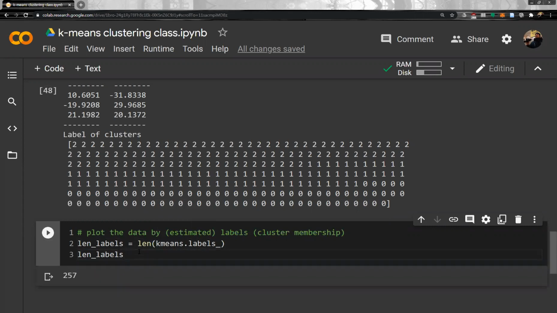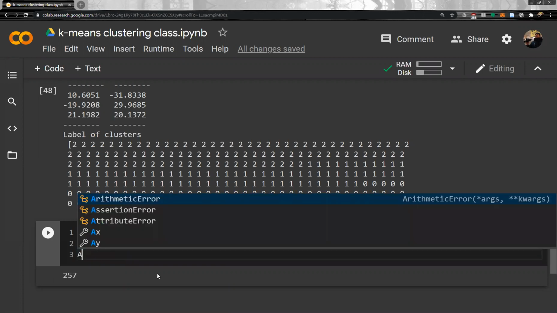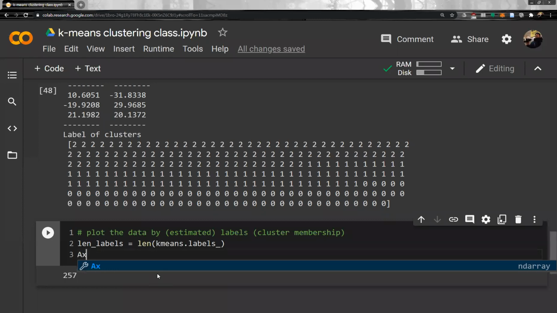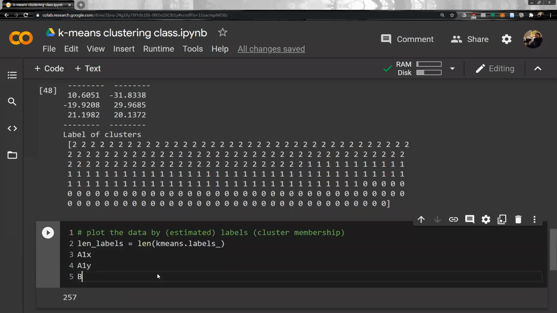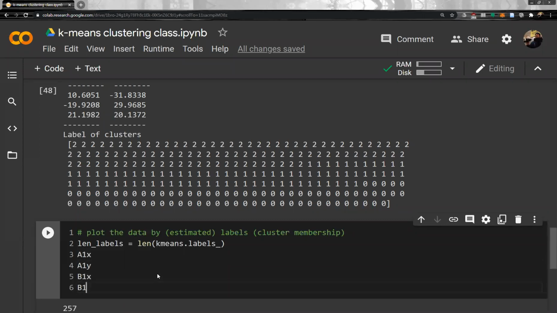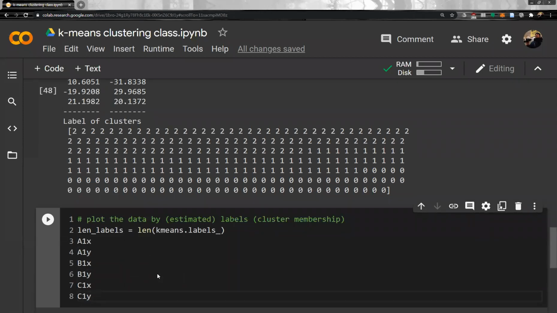And then for our estimated ones, we have A, B, C, where we can call A1X, A1Y, B1X, B1Y, and C1X and C1Y. So they are our estimated membership.